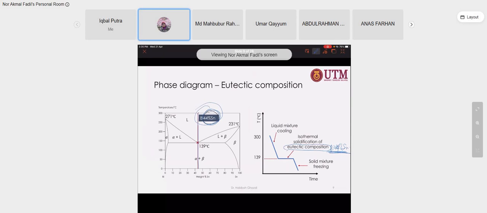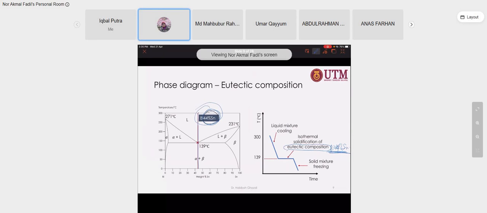Eutectic or non-eutectic, or solid solution alloys of bismuth-stannum, are different in terms of the microstructure. Therefore, they are different in terms of the mechanical properties. So that's very important when you want to design an alloy or select your material for your design. Make sure you know the microstructure. How to determine the microstructure? Based on the composition.